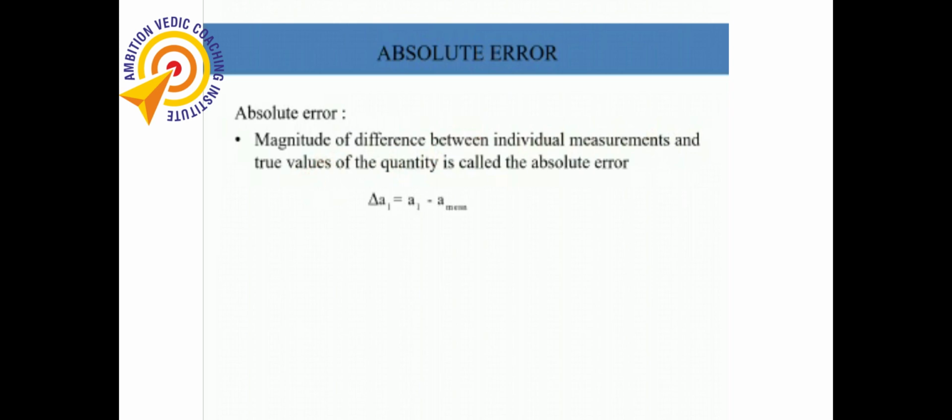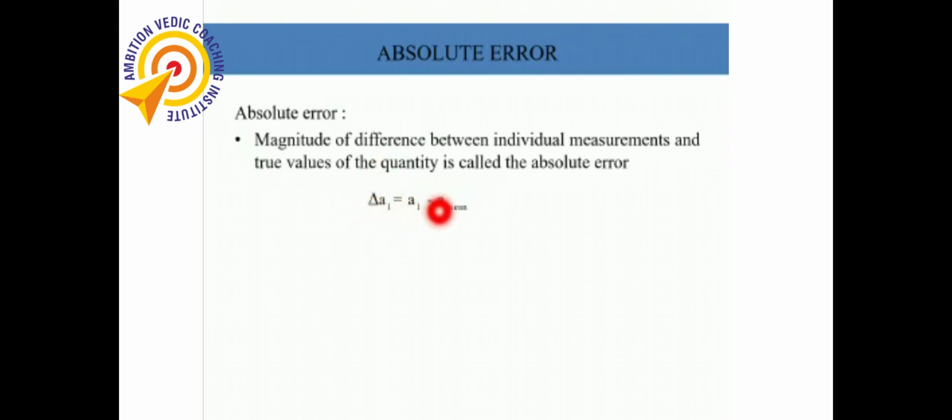So here you can see, for example, the error in measurement of A: the first reading that we obtained for A is A1, but after completing the experiment we found that the mean is coming different. Remember, this delta A value could be negative also. The answer of delta A could be negative as well as positive, but we always take the magnitude and not the sign, magnitude of delta A1.